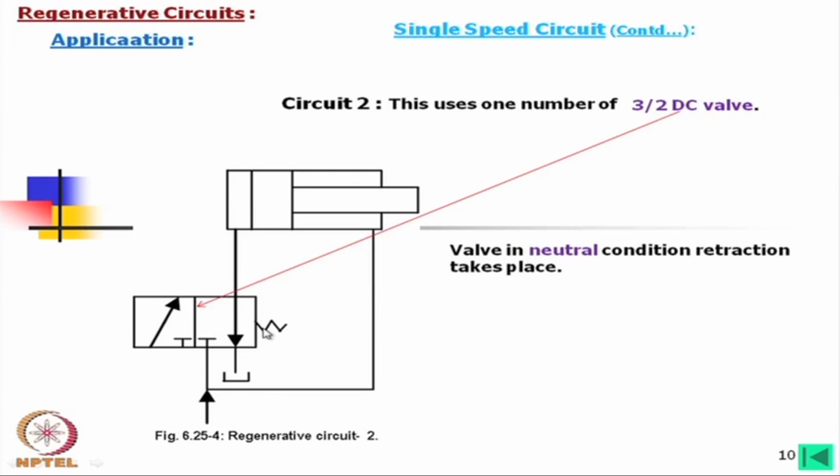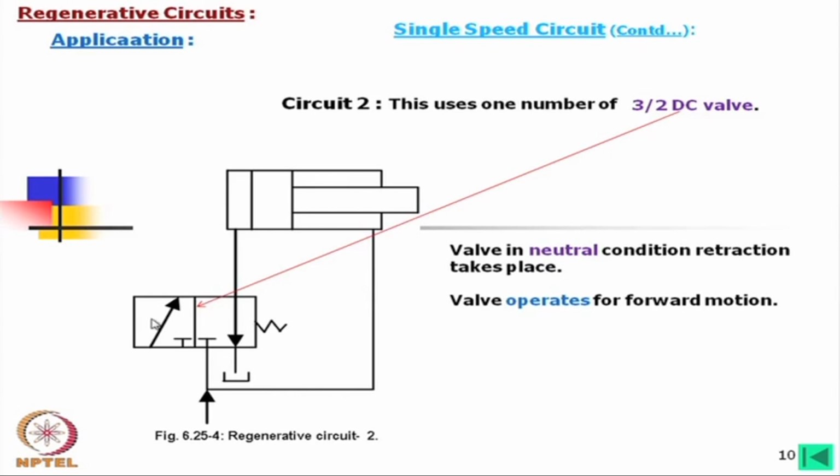As the spring is there, if you do not operate the valve, it will be here with the help of the spring. In that case oil is going in this direction and oil from this side is coming back to the tank.